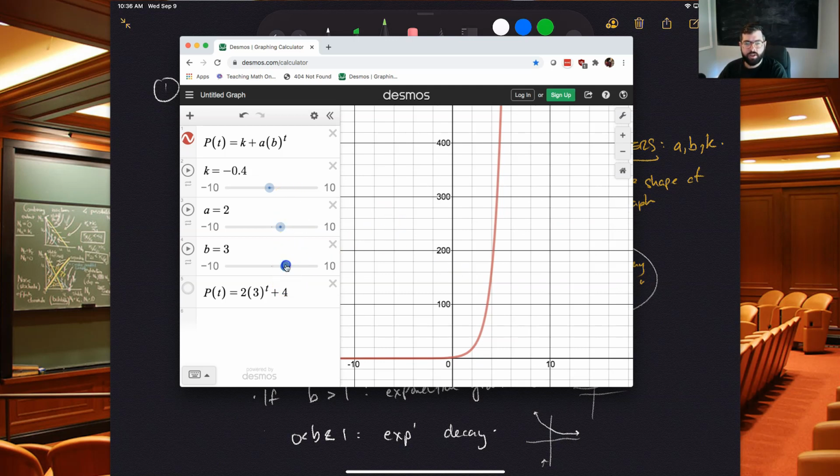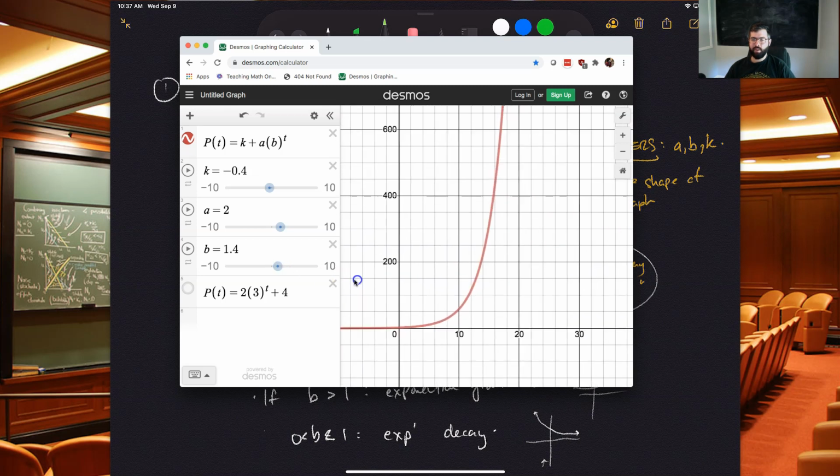So by changing b, by shrinking it, what do you think is going to happen before I do it? If I make b less, the multiplier less, how is the output going to be changed? Well, it should be growing less quickly if we're multiplying by a smaller number. So if I shrink b, I'm expecting this to have a less steep rate of change. And so as I do that, I see that that's actually happening.